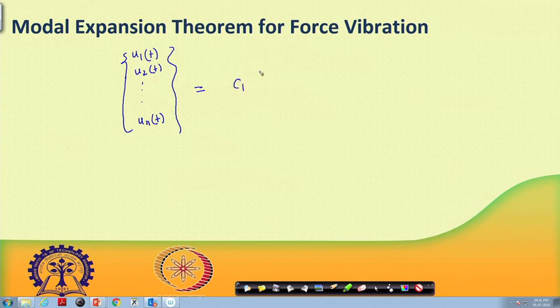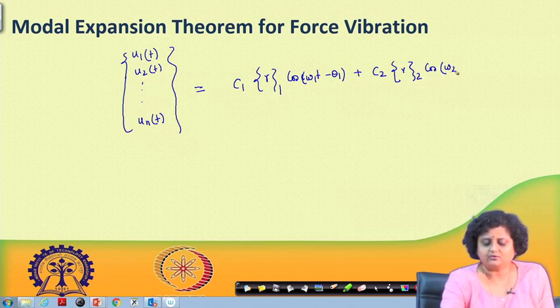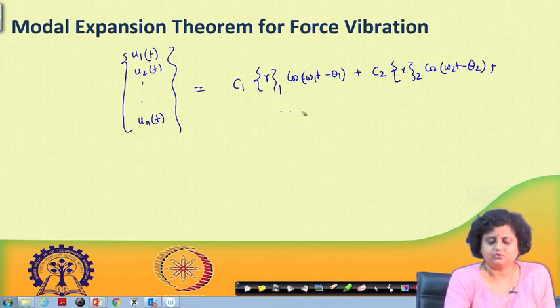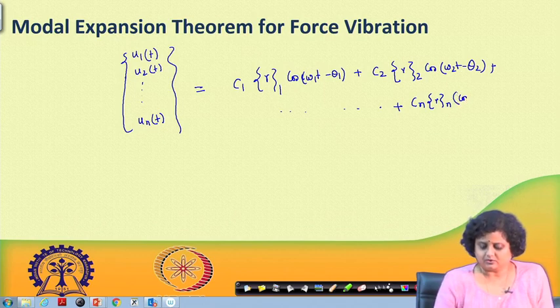So, we had written this as C1 R1 cos(omega 1 t minus theta 1) plus C2 R2 cos(omega 2 t minus theta 2) and so on, going to Cn Rn cos(omega n t minus theta n).